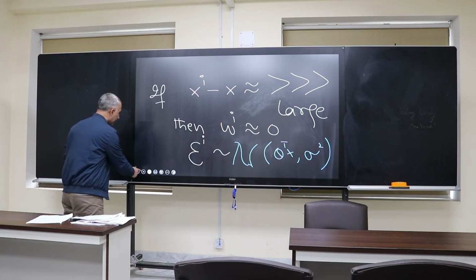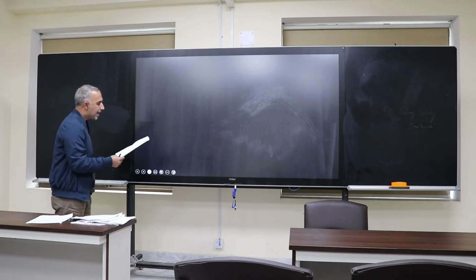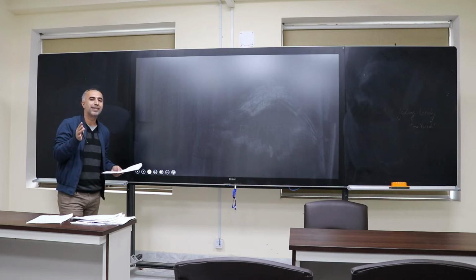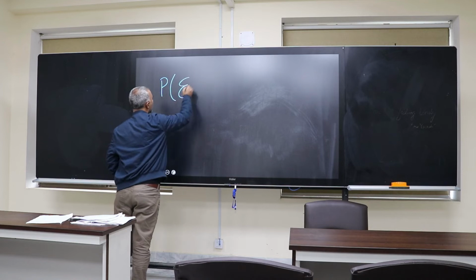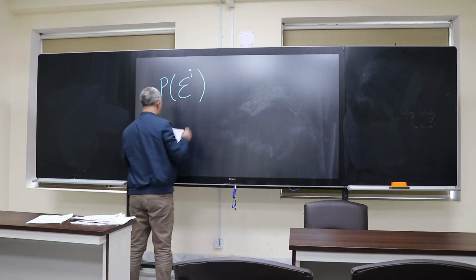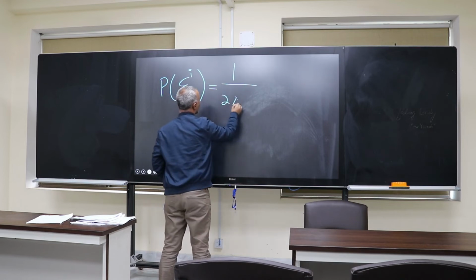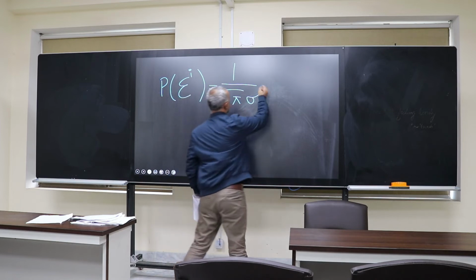Let me explain further how we will consider it. Here we need to consider some kind of probability, the chances of this error following the Gaussian equation.